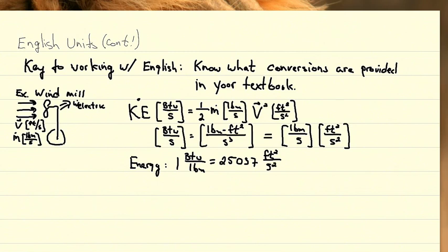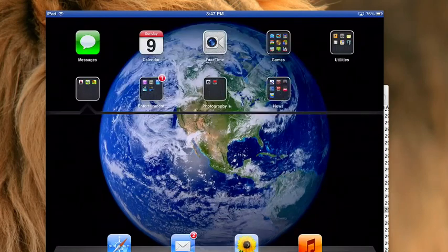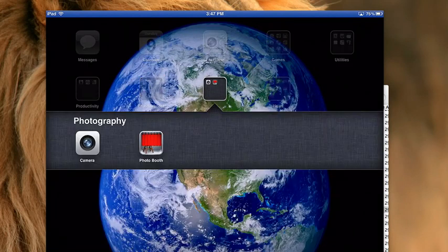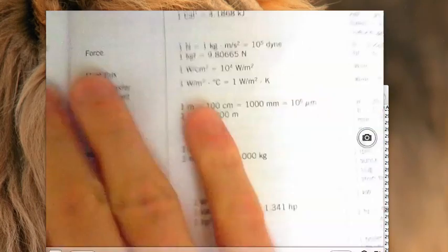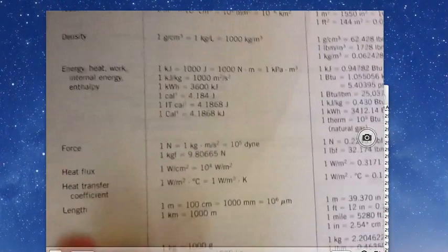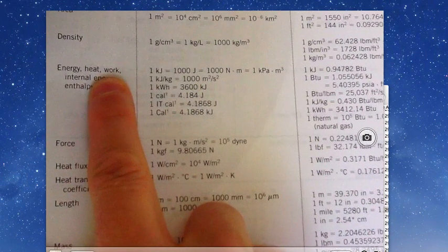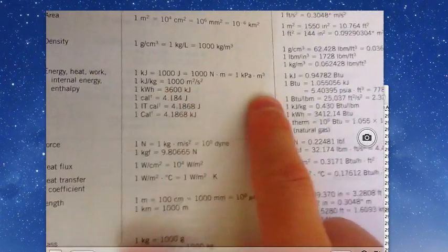Before we actually use that, let me show you where I found that in the back of the book so that you all can see exactly where that comes from. Because remember, the key to working with English units is know what conversions are provided for you in your textbook. So let's go look at that real quickly. First of all, we come over here and we find energy. There's energy, and then we come over to the English to metric.